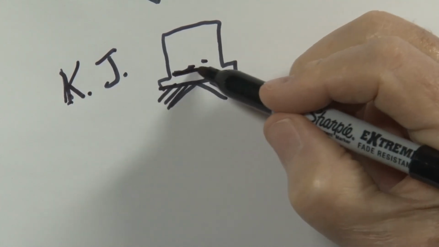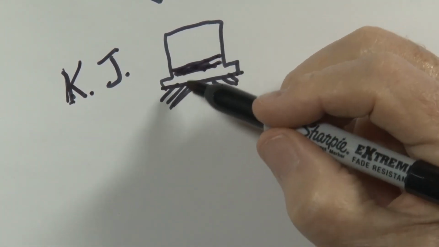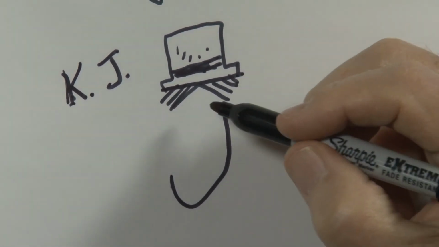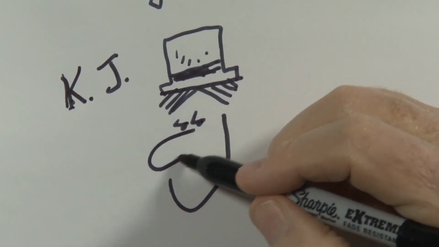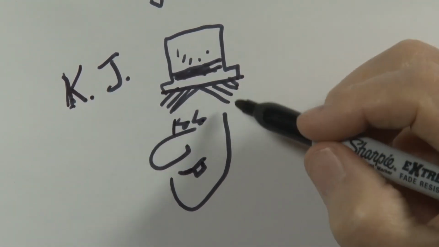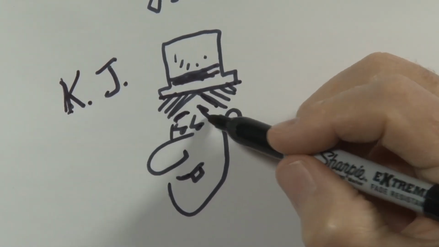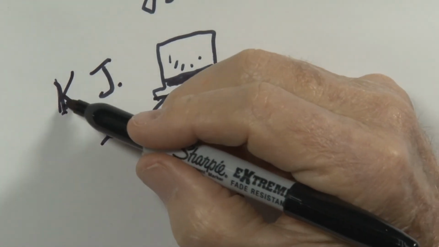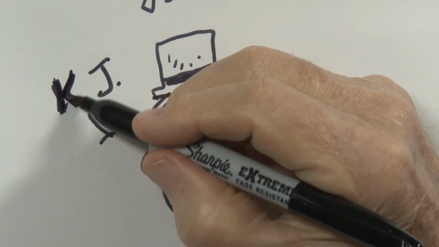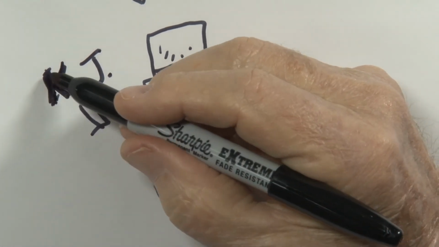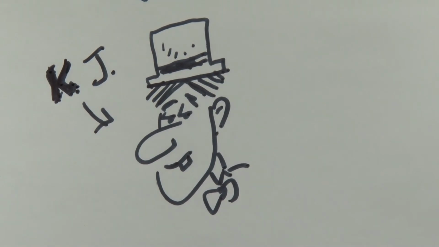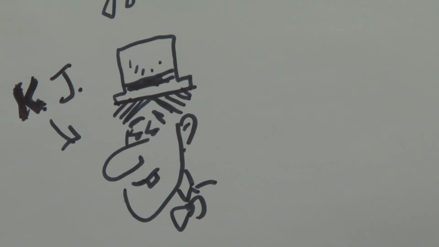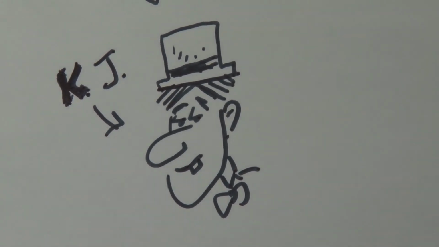Here's a dude with his hair parted in the middle, sticking out from under a rather weird looking hat. And there's the J. And a funny looking guy emerges. So there you have it, KJ, whoever you are. That's my interpretation of your initials.